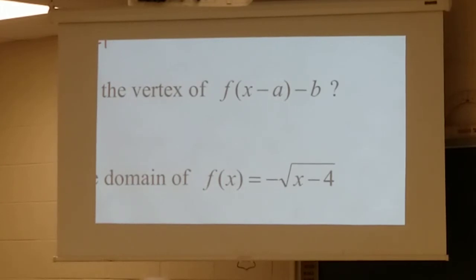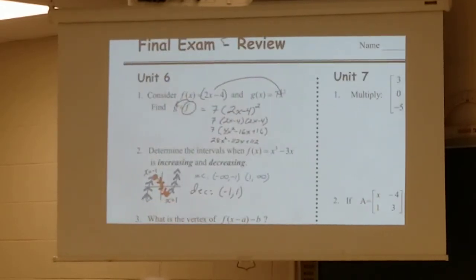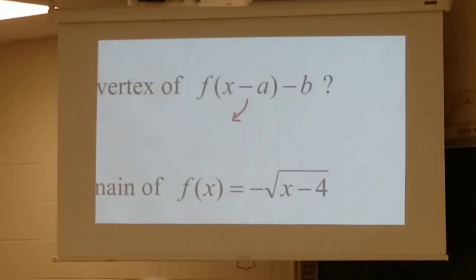So what's up with this vertex thing for number 3? It's all about shifting. I'm trying to get you to realize when you're inside the parentheses, that's a horizontal shift. Specifically, it's a shift that's really messy. It's a shift with a minus sign. Remember, it's a shift to the right. Because again, it's a minus sign, it's a shift to the right.